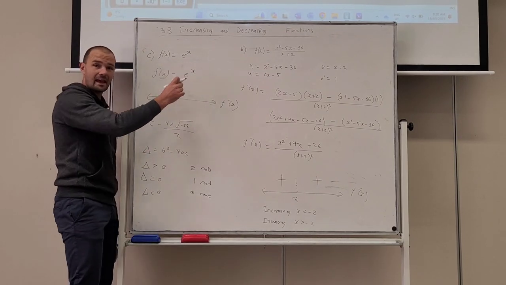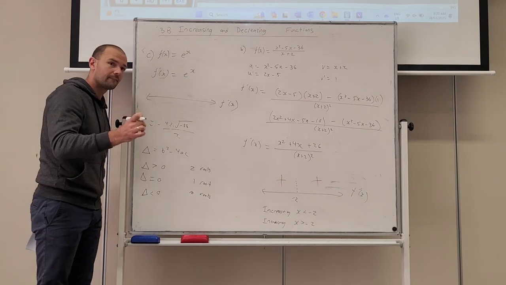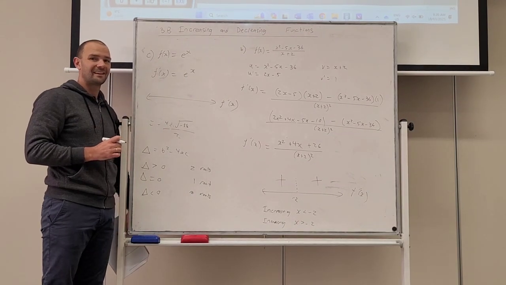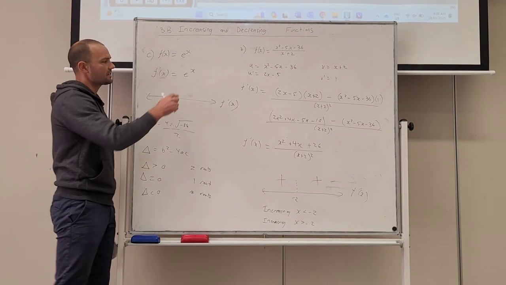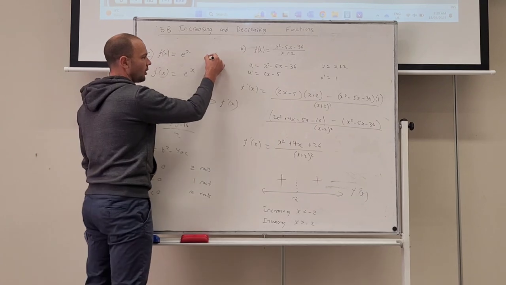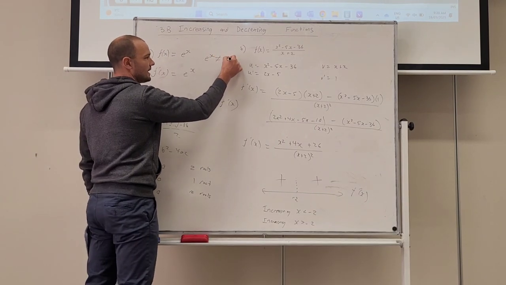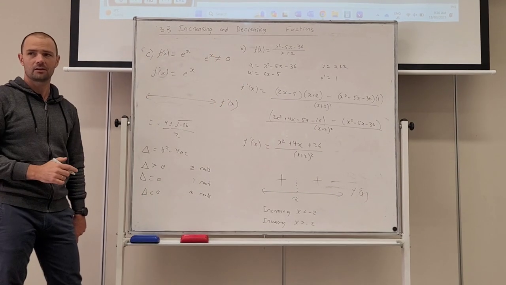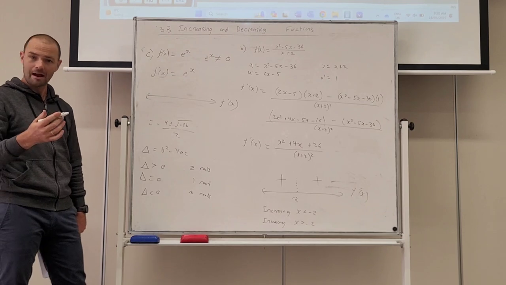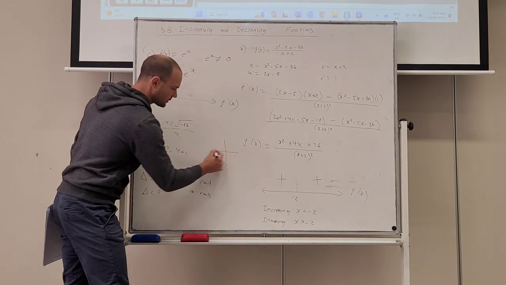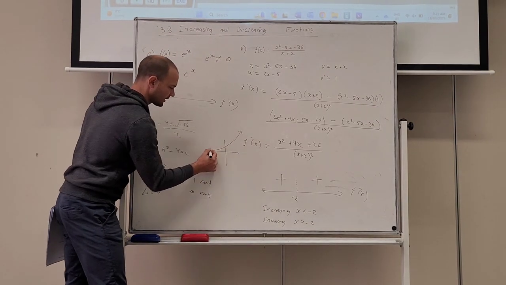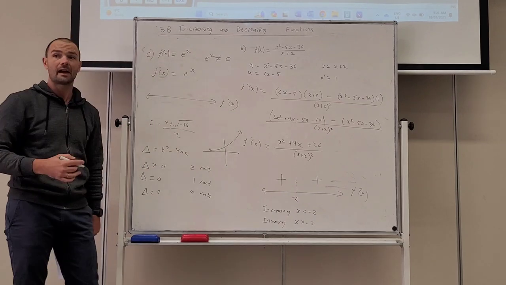Now, e to the x is an exponential function. It has no roots, which means you'll often see me write this: e to the x never equals 0. If you look at the graph of e to the x, this is what it looks like. It's asymptotic to the x-axis, and we learned that in chapter 1.